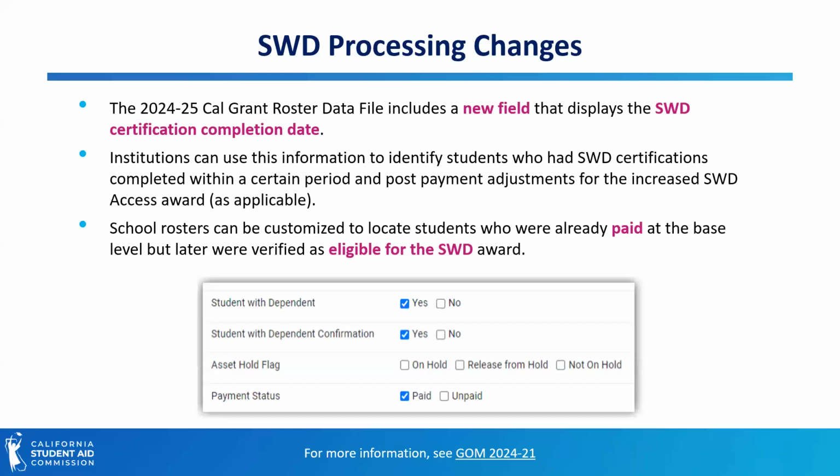If you've already gone ahead and paid your Cal Grant students and are now trying to see who has since done their SWD certification, you can actually customize your roster to find students who have since completed their SWD certification. There's also the date. So if you're doing this weekly or monthly, you can identify those students that have completed it more recently, so you're not having to look at students that you've already paid.